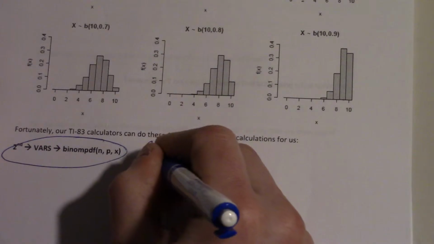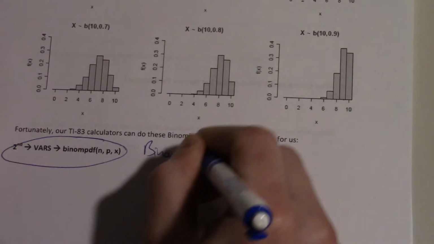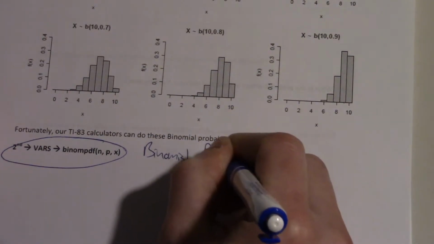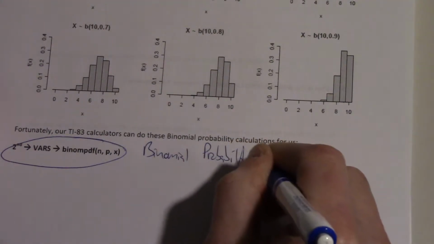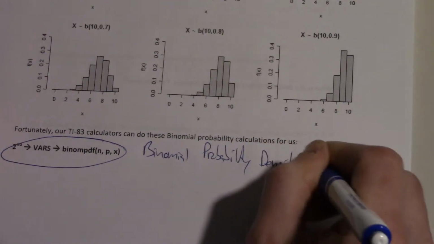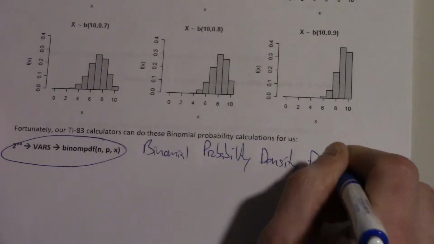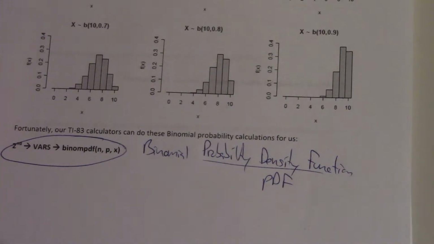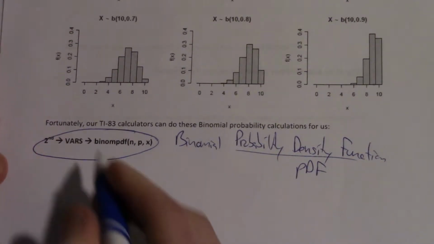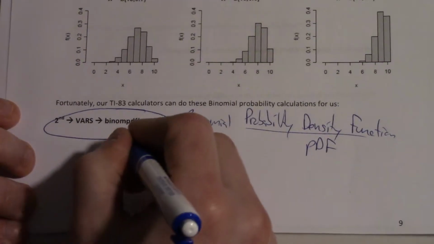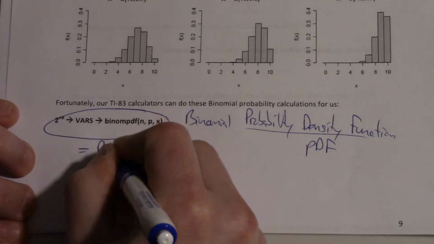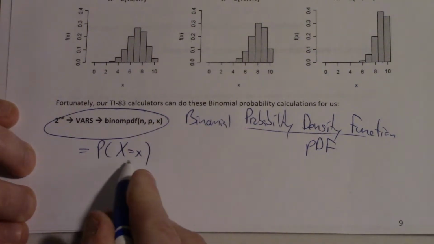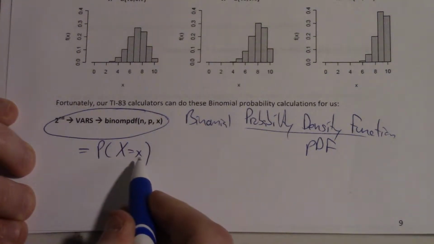What that stands for is the binomial probability density function. What this does is it gives us an exact probability for some number of successes.